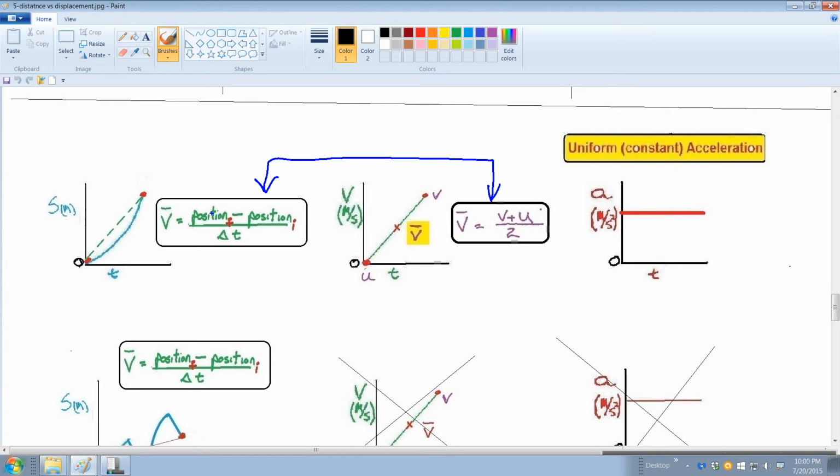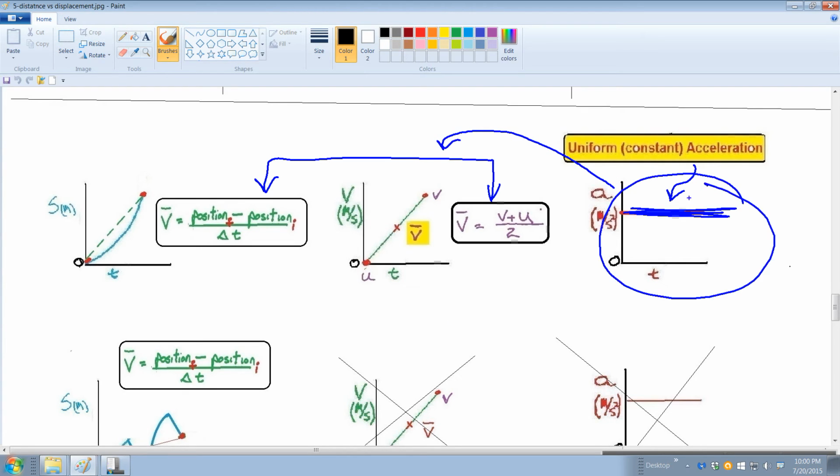And that is the S versus T, V versus T, and A versus T graphs. So with an acceleration that's constant, let's say a positive acceleration, you would have a horizontal line. When you plot the velocity versus time for such a scenario, you're going to get a straight line with a positive slope.